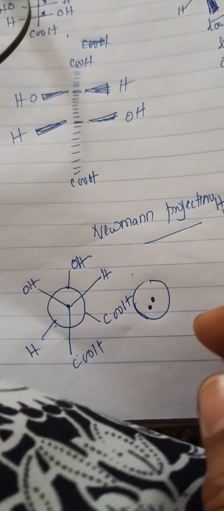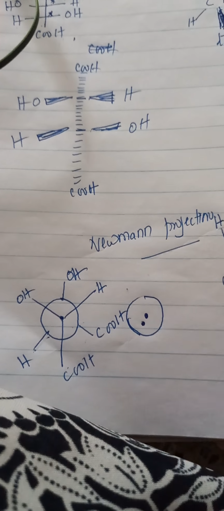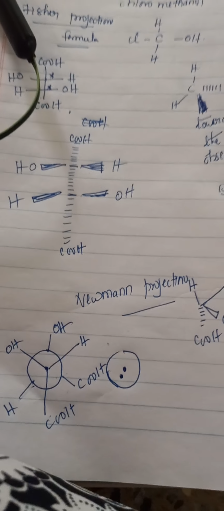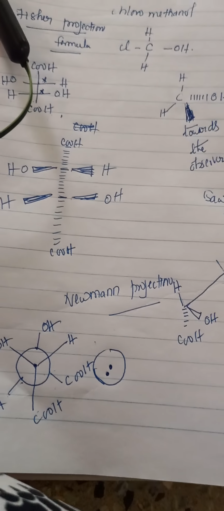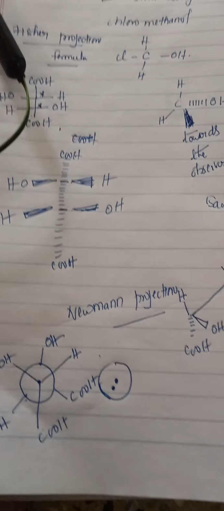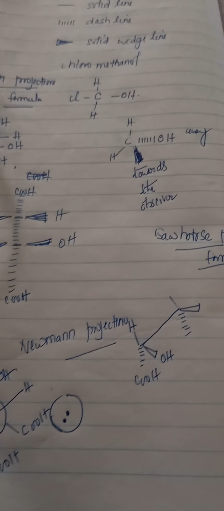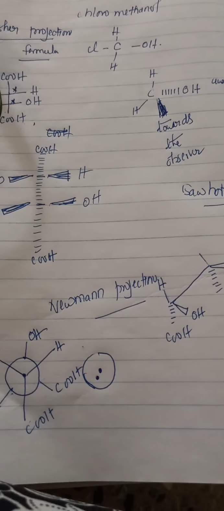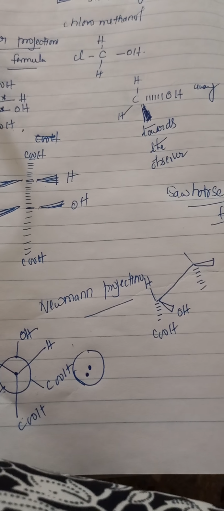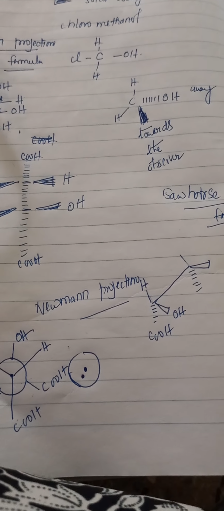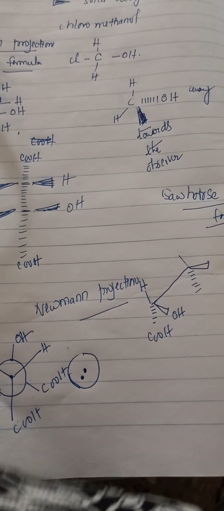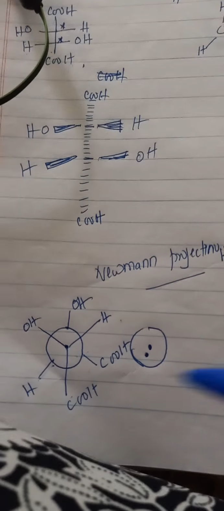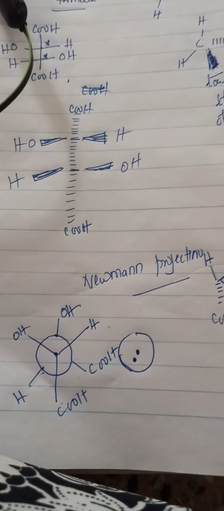This is Newman projection formula. In such a way, using the wedge dash formula, these formulas can be written. Three lines, and with the help of the three lines, Fisher projection formula and Sawhorse projection formula are used. Newman is different from the other two. Anyhow, this is the simplest representation of a structural formula.